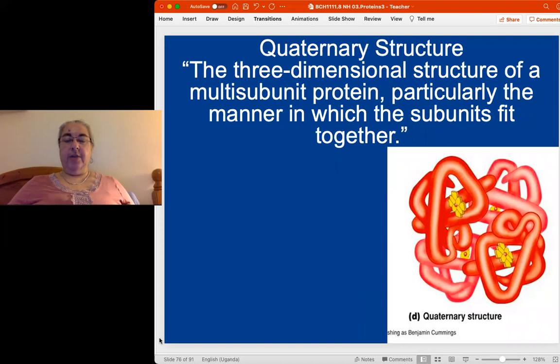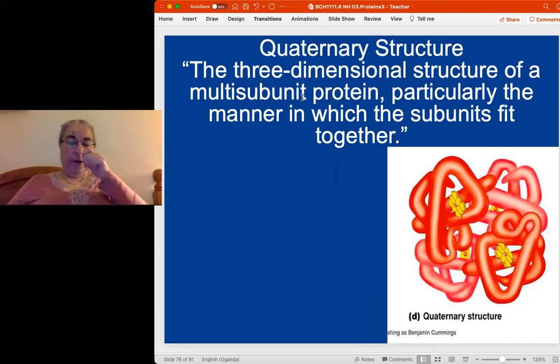And quaternary structure, here's a definition. The three-dimensional structure of a multi-subunit protein, particularly the manner in which the subunits fit together. So the important thing here is the word multi-subunit protein.